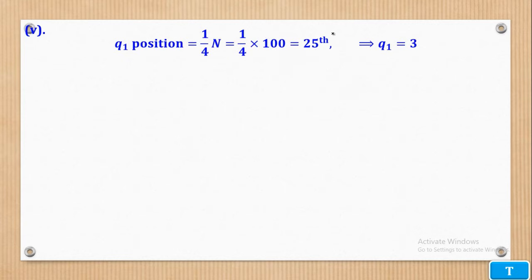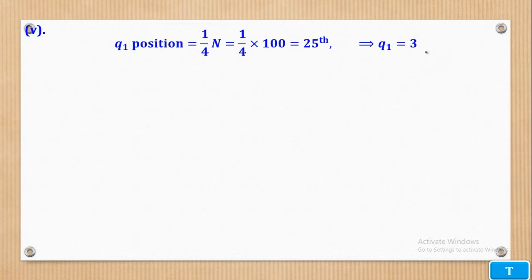Now we are putting this th here because some students, after getting this 25, they think this will be the quartile they want, but this is not the quartile they want. The one they want is this 3. So here we put th so that students realize that it is not the very end, it is just a position, but you have to go ahead and get the lower quartile.